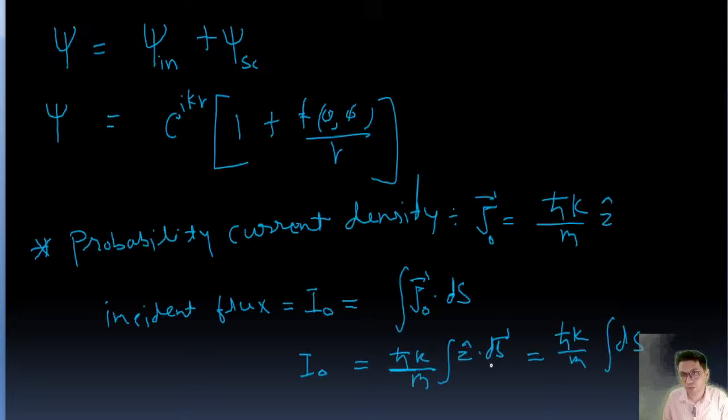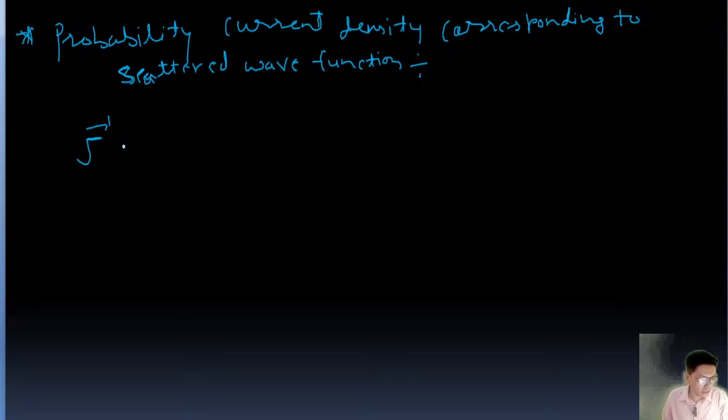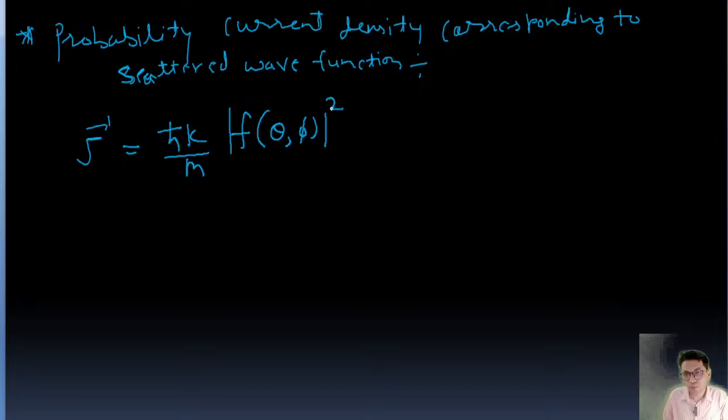This is J naught for the incident, and this is J. J is going to be h cut k upon m, mod square of the function f of theta and phi upon r square, r cap.